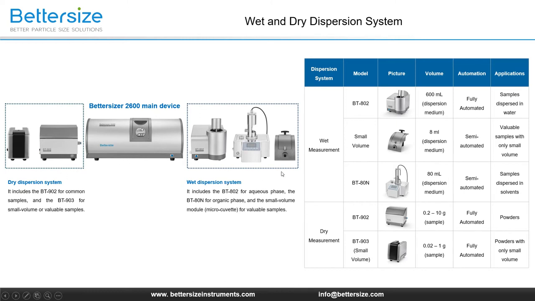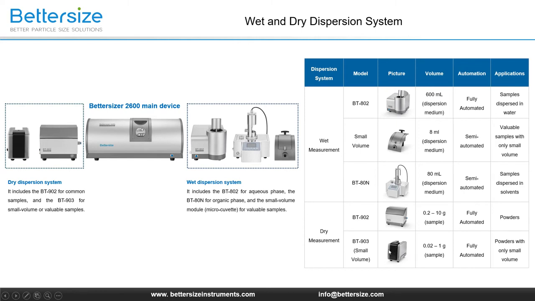For most common wet measurements, there is a standard volume module called BTA02, whose dispersion medium is 600 ml, and there is a small volume module as well as an anti-corrosive module BT80N. For dry measurements, a standard volume module BT902 and a small volume module BT903 are accessible.